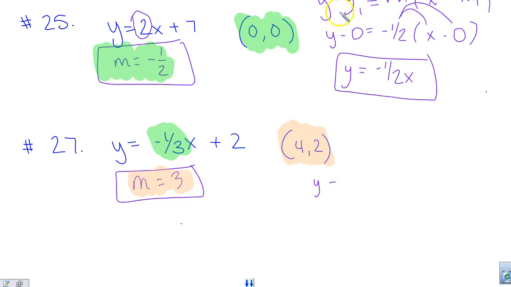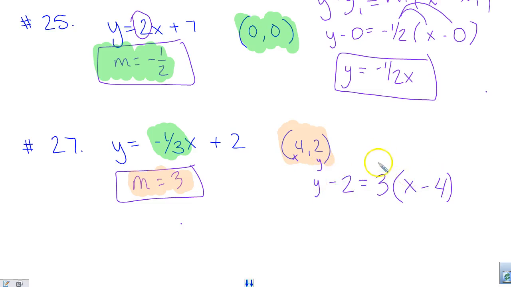Instead of y minus y1, I'm going to do y minus 2 equals m. My slope is 3 times the quantity x minus x1, which is 4. And then again, since this is in slope-intercept form, I need to convert my point-slope form to slope-intercept form.